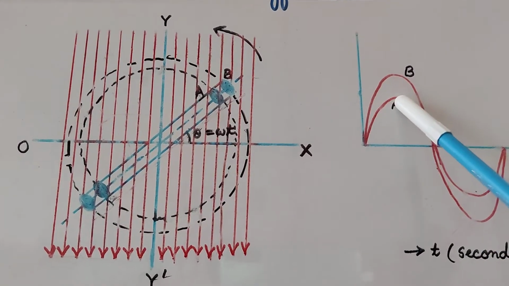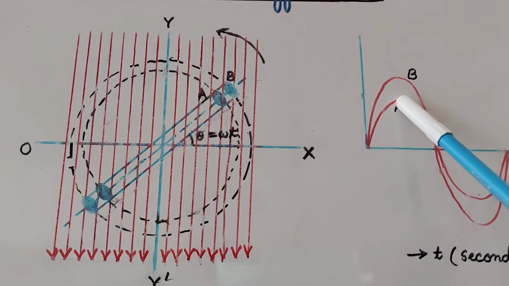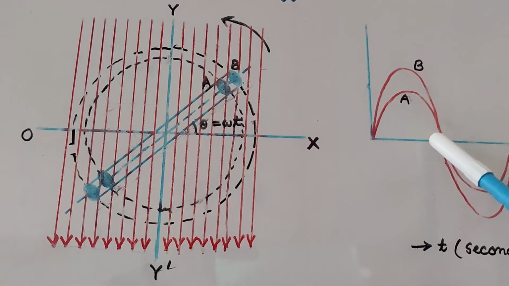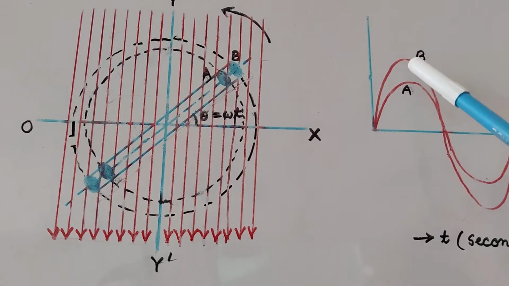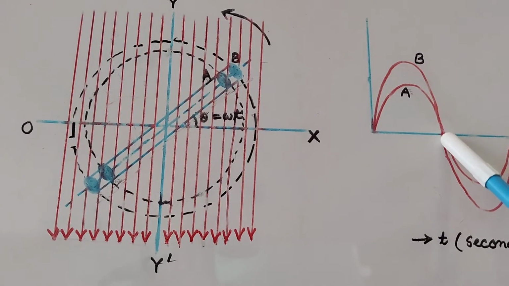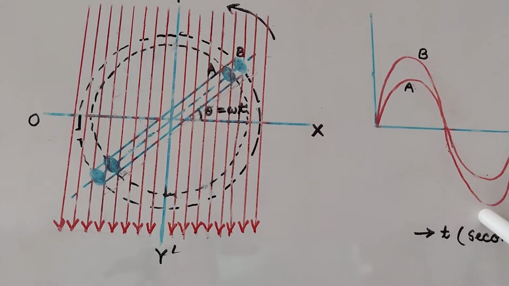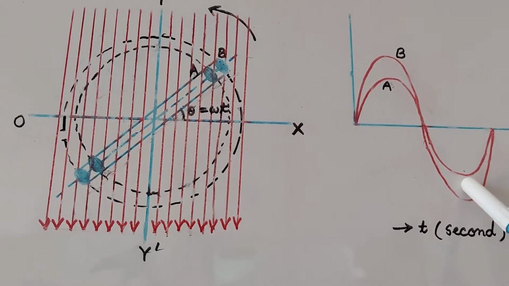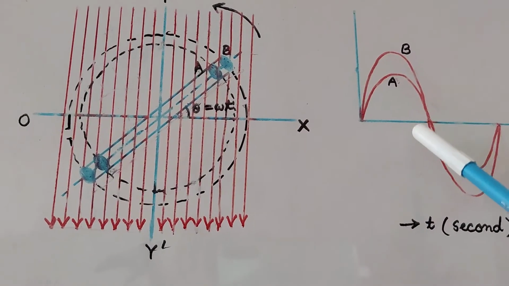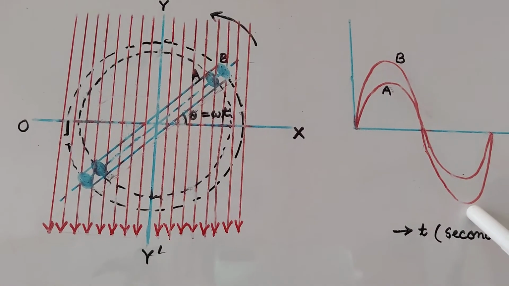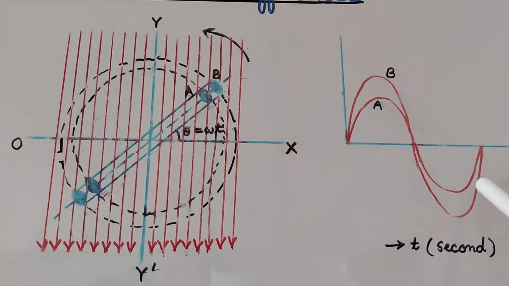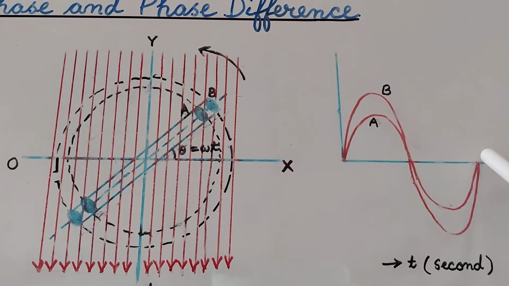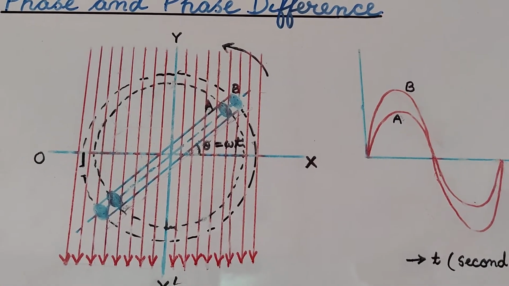When the induced EMF of coil A is maximum, then the induced EMF of coil B is also maximum. Again, when A reaches 0, then the induced EMF of coil B also reaches 0. Similarly, when the EMF of coil A is maximum in the negative direction, then the EMF of coil B is also maximum in the negative direction. Again, at 360 degrees, both the coils have 0 EMF induced in them.